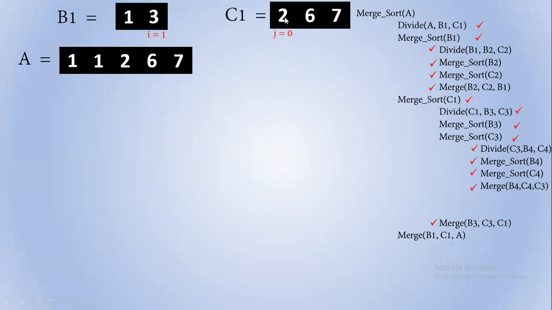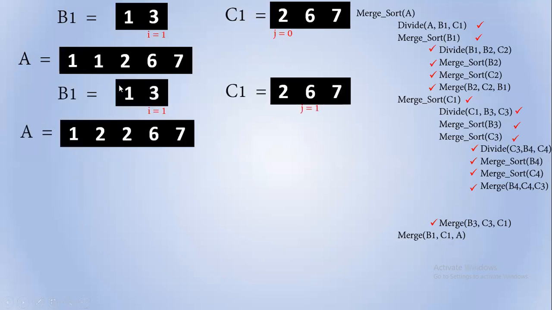Here 2 is less than 3, so the second element will come here. That is the next step. The second element of array A will become this, right? Then j will become 1. So this and this will be compared.